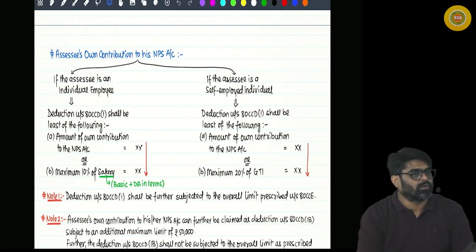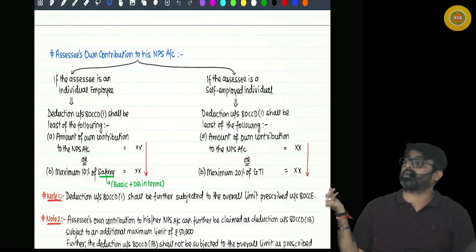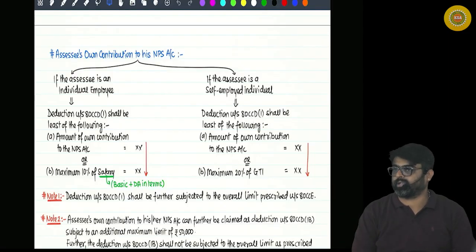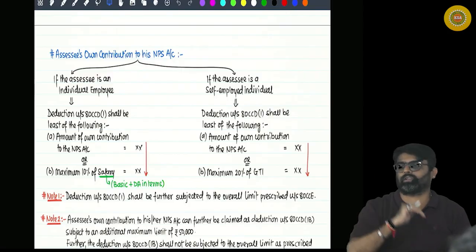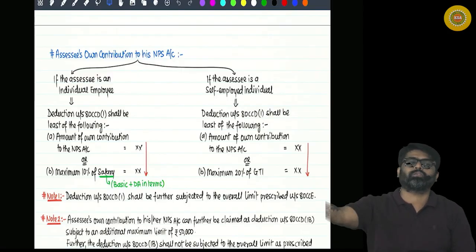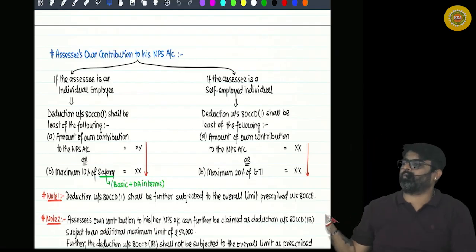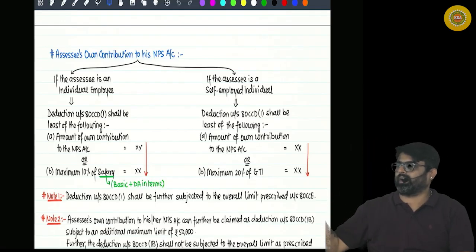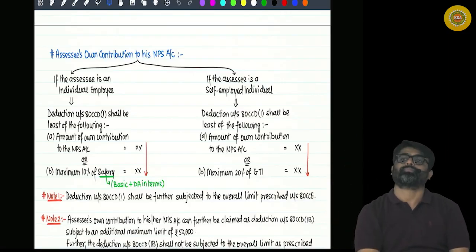Getting my point? So now for example, you calculated that the limit of 10% of salary or 20% of your GTI was 60,000, because your salary was 6 lakh, 10% of that is 60,000, or your GTI was 3 lakh, 20% of 3 lakh is 60,000. Yes or no? So 60,000 was the limit. How much will be allowed?